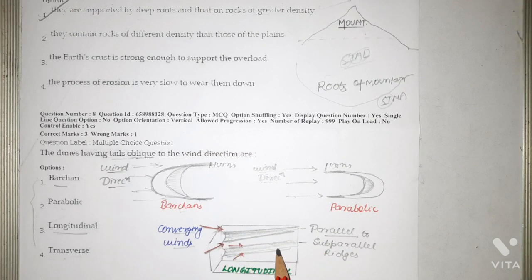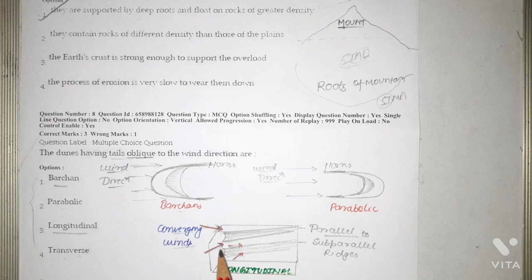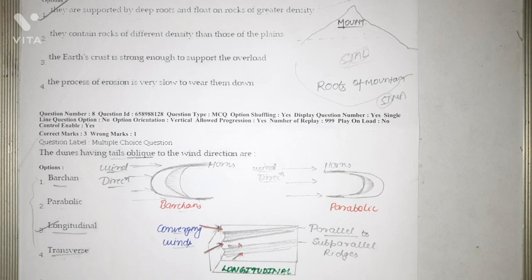These subparallel ridges are known as longitudinal dunes, and clearly from here, because of these converging winds, the tails of these longitudinal dunes are oblique to the wind direction. So the correct answer of this question is longitudinal dunes. Transverse dunes is not the correct answer, because transverse dunes develop perpendicular to the prevailing wind direction.